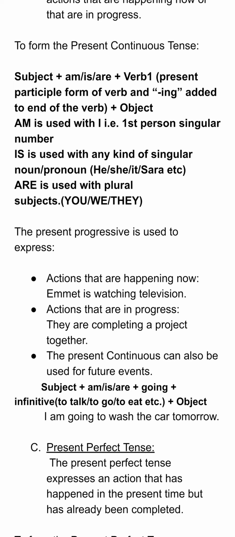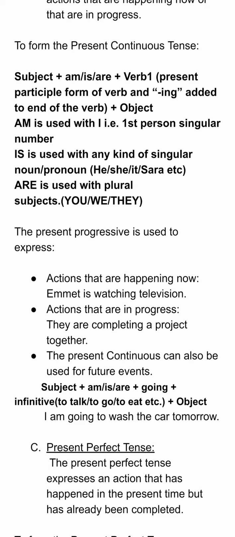For example, Emmett is watching television. These also express actions that are in progress. For example, they are completing a project together. The third one is the present continuous tense can also be used for future events.